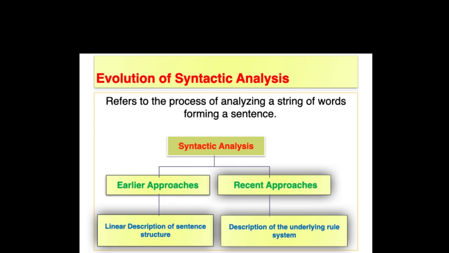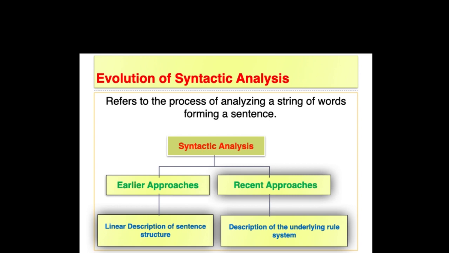The first approach was doing this kind of analysis in a very linear way, by the use of brackets and so on. But later on, another approach developed where syntactic analysis started to be done by using diagram trees.